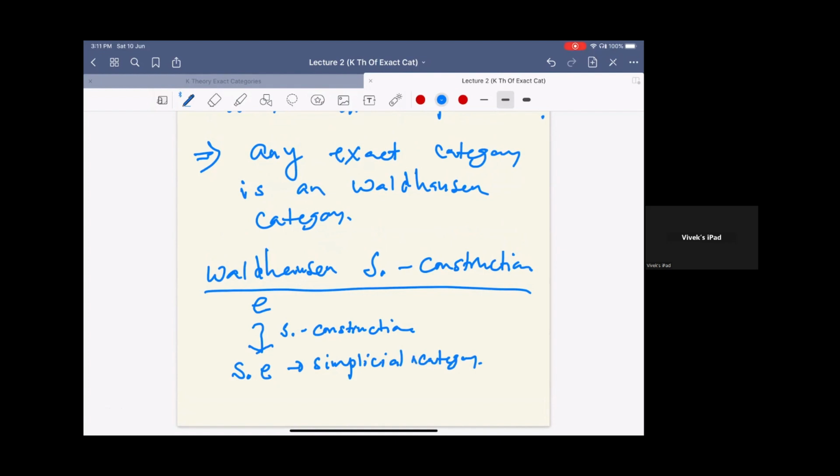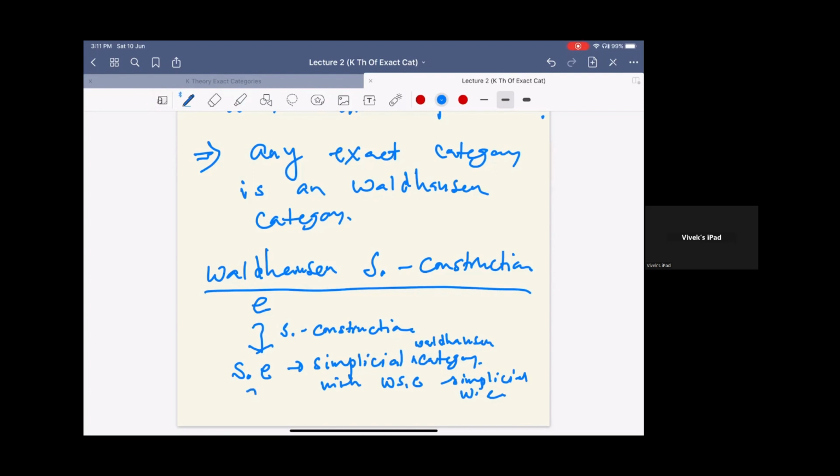In fact, a simplicial Waldhausen category, with equivalence. Okay. So basically, we start with a Waldhausen category and apply the formalism of Waldhausen's S dot construction, and then we get S dot C. This is a simplicial Waldhausen category.